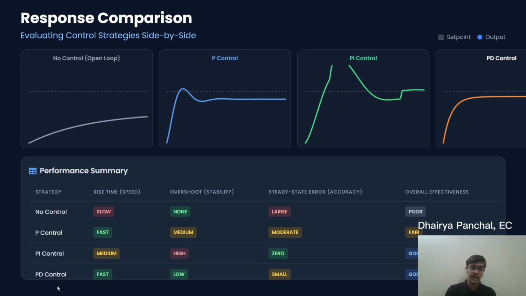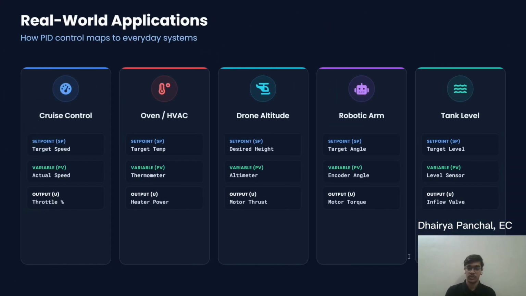But then you move to PI and PD controller, so it has a good response. You can just go through the other factors. Your rise time is medium and your overshoot is high, but your error is zero. Then for PD controller, your output rise time is fast, your overshoot is low, and there is a small error. So that's a good response.